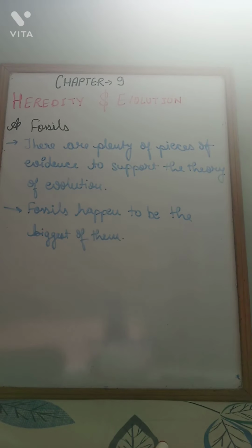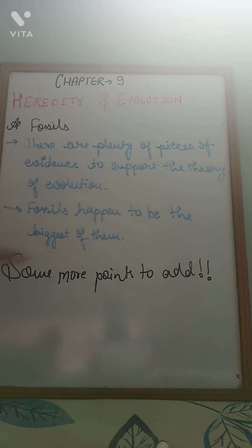Now let us talk about fossils. There are plenty of pieces of evidence to support the theory of evolution. Fossils happen to be the biggest of them. I want to add some more points to this topic of fossils, that fossils are the preserved remains of ancient animals or plants that died millions of years ago.